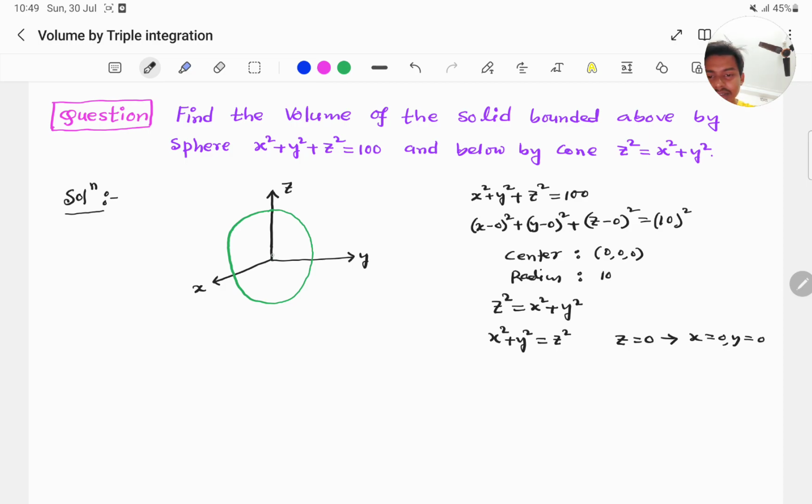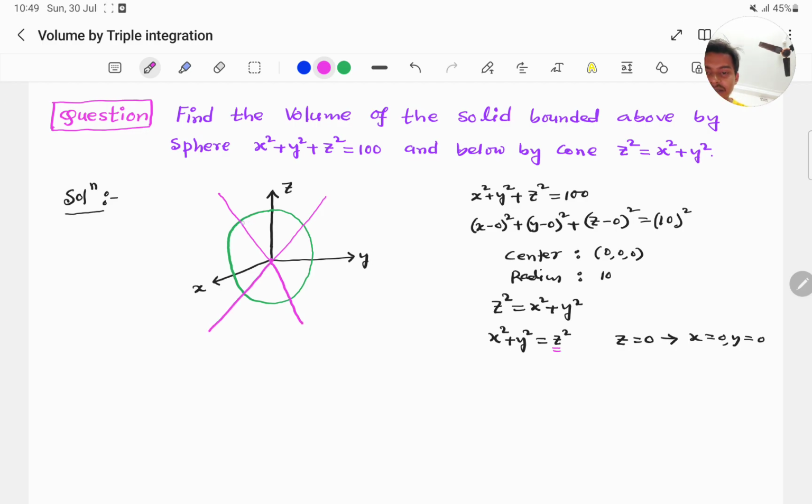So it is passing through 0 0 0, and on this side, when z increases, for every fixed z we get a circle. So we get this type of thing, and also in the below part this kind of thing.